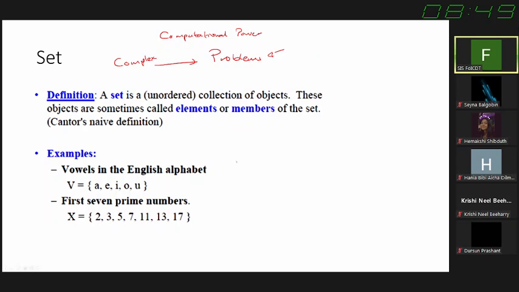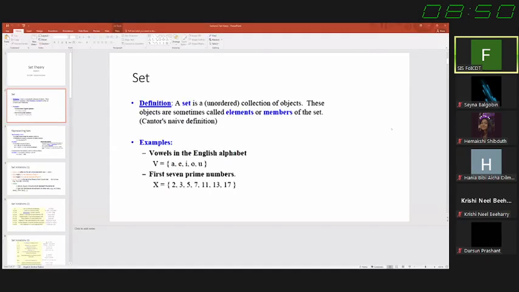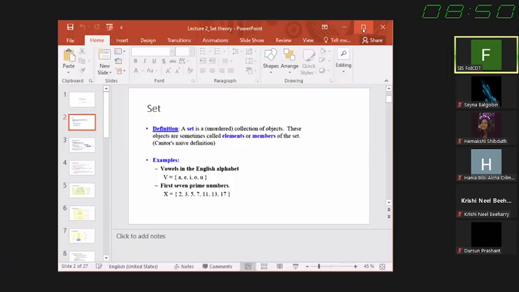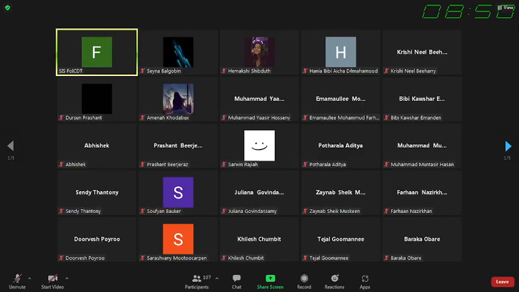There you go. That slide keeps on doing that. Just give me a second, guys. I just want to solve this issue. Let me do it over again.